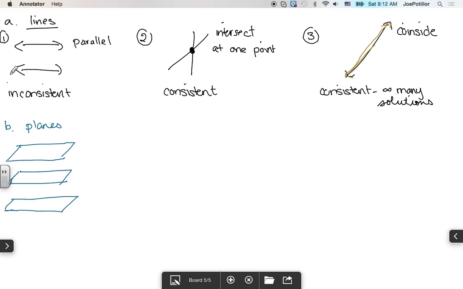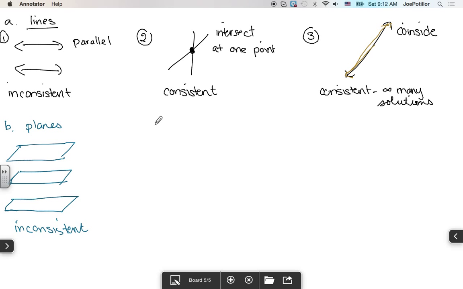So in this situation, they intersect at no points. They are parallel, right? And so this is inconsistent. Your book does not have all of these drawings, but I'm putting them all in, right?